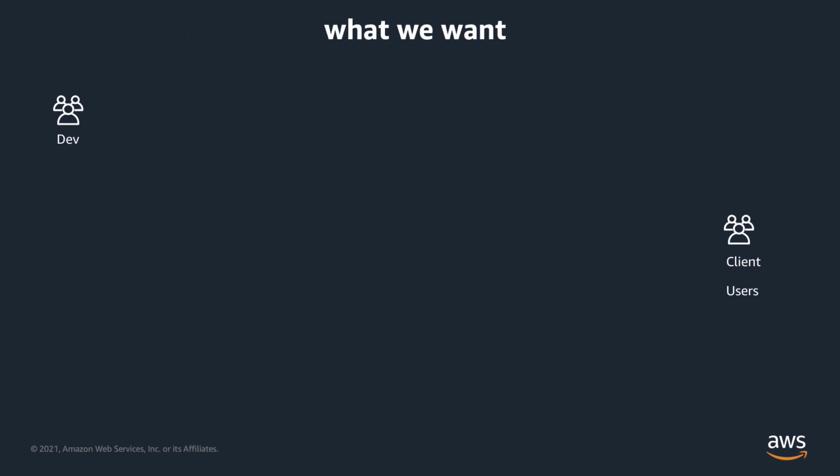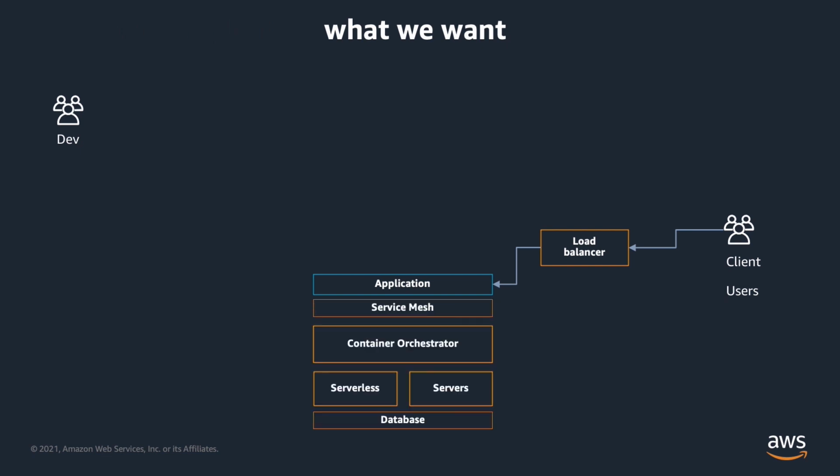So what we want at a high level is a load balancer to take client requests for our application, which will then forward them to your application, and your application would have some kind of service mesh, and you can use a container orchestrator to automate the deployment, management, scaling, and networking of your containers. Now you could host them on servers or a serverless platform and use a database of your choice for that particular service.